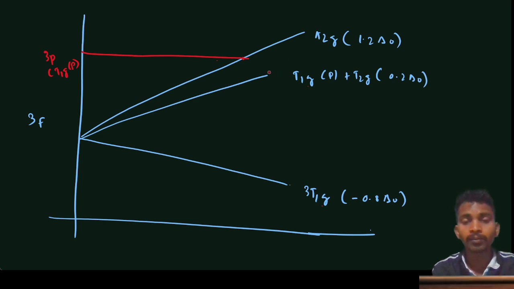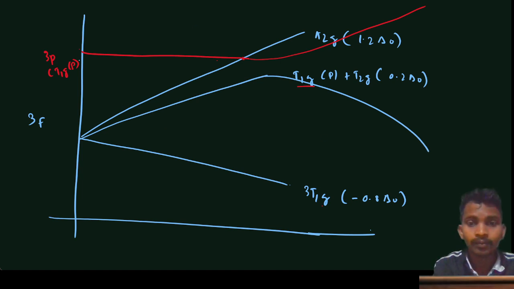Whenever they come closer, only then will repulsions happen. So these are coming closer. Here also T1g is there, so now it will repel here after the crossing point. And this also gets repulsed because here also T1g is there, so repulsions will occur here.